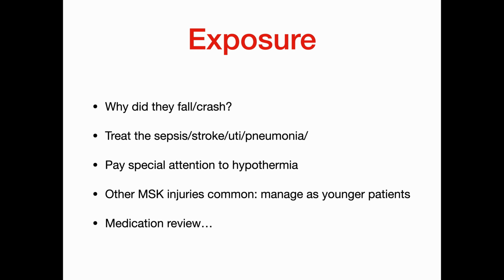And obviously they may have had a secondary injury on their journey to you. They may have been lying for 24 hours on a hard kitchen floor, getting muscle injury and hypothermic. So those are special areas of concern when it comes to the elderly. Have a look at their medications and x-ray literally anything that is tender.